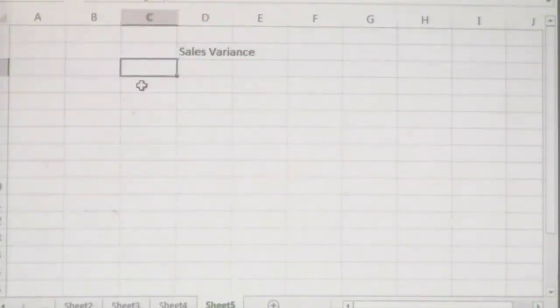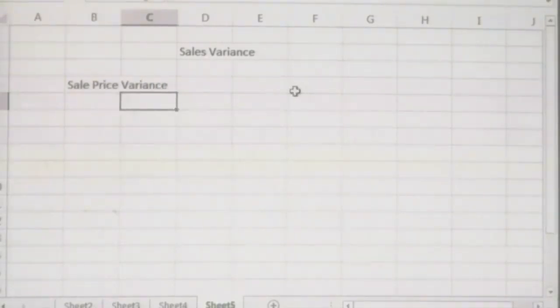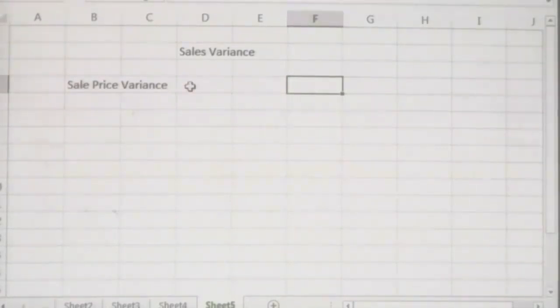If the examiner asks you to calculate sales variance, this can be divided into sales price variance and sales volume contribution variance. That means they are asking you to multiply it by contribution variance.